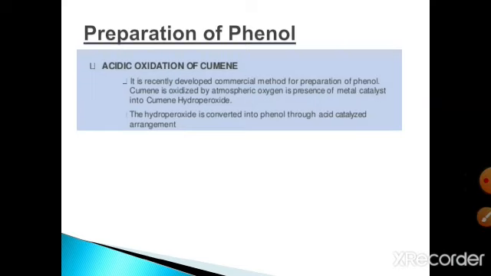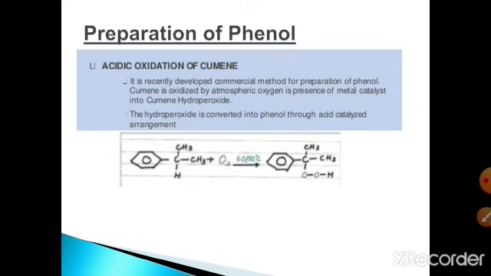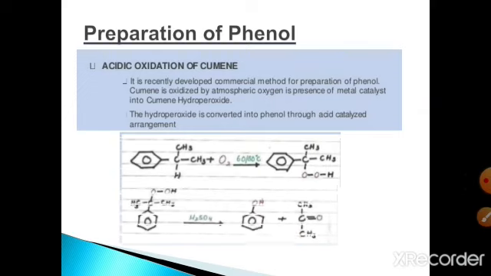It is converted into phenol. It is a recently developed commercial method for the preparation of phenol. Cumene is oxidized by atmospheric oxygen in the presence of a metal catalyst. It is converted into cumene hydroperoxide, and this cumene hydroperoxide is converted into phenol through an acid catalyzed rearrangement of different steps.